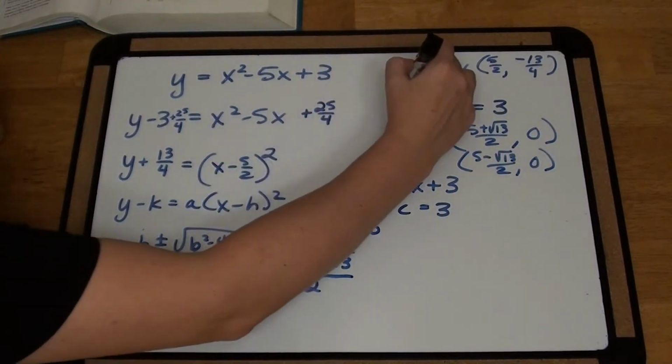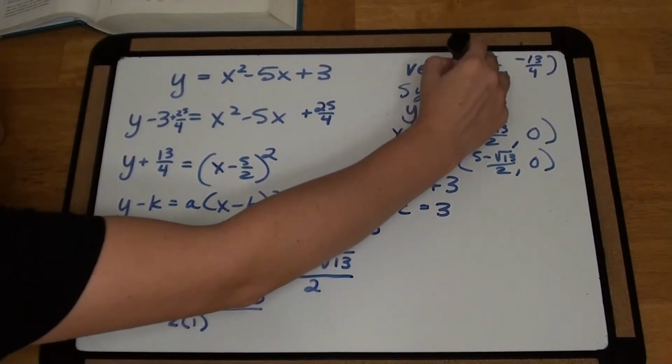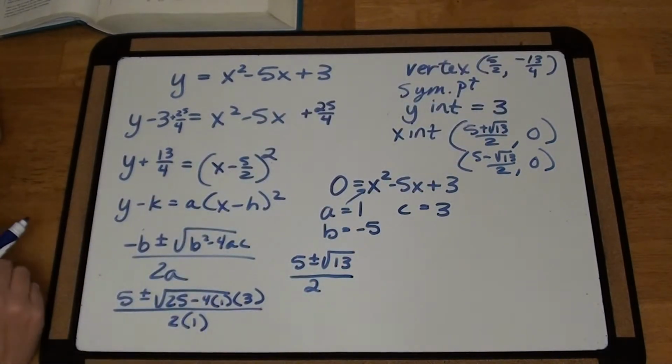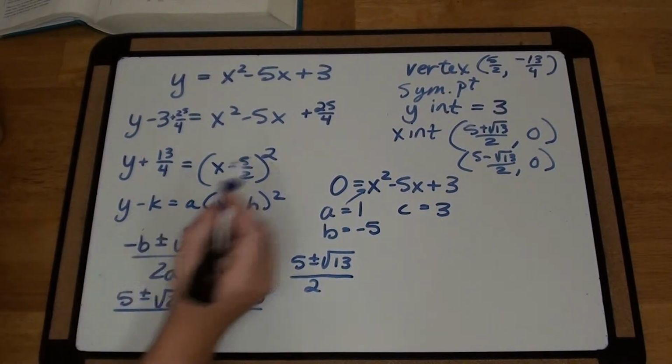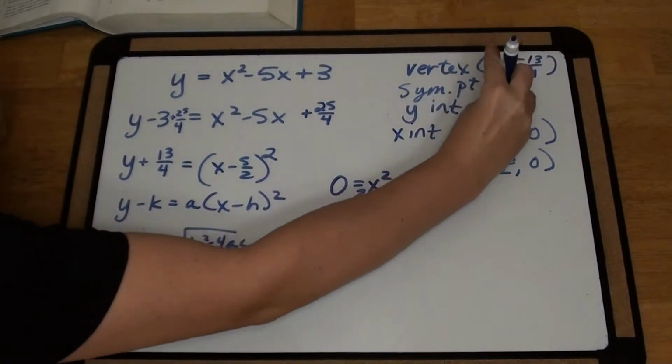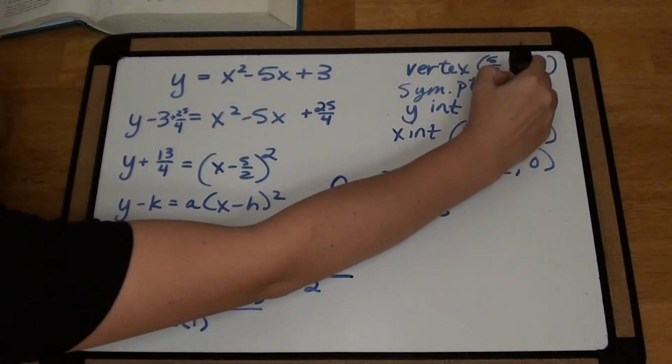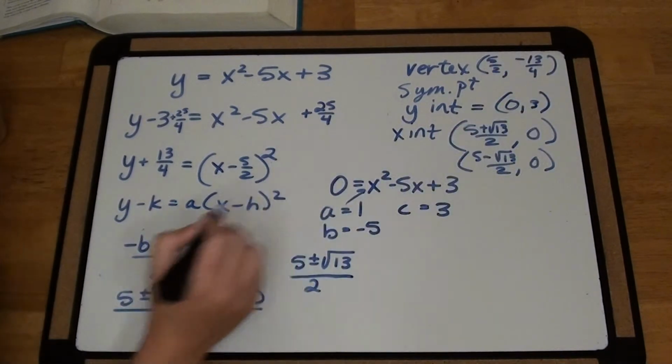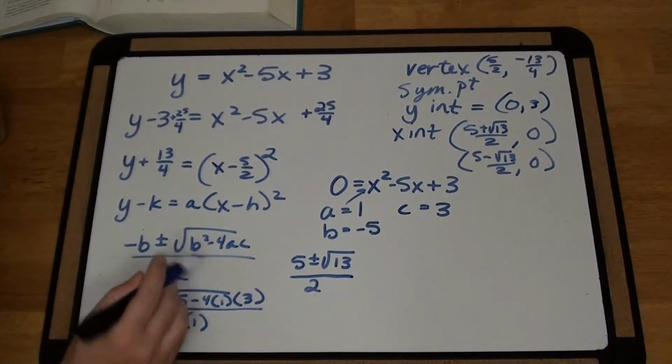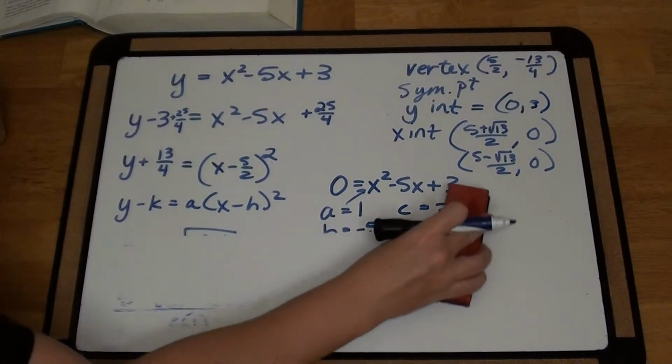Now, the last thing they want is a symmetrical point. Right now our y-intercept is the point 0, 3.